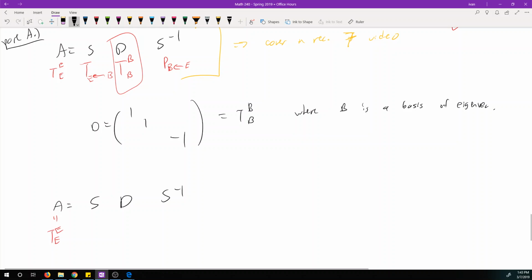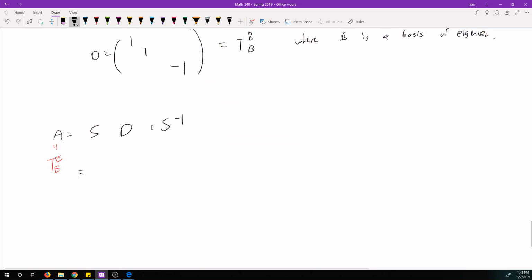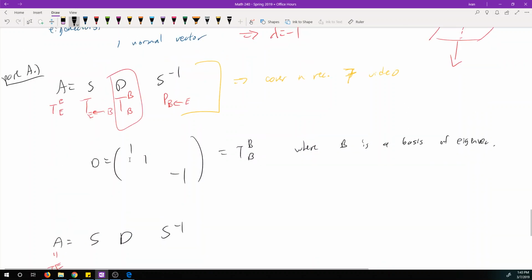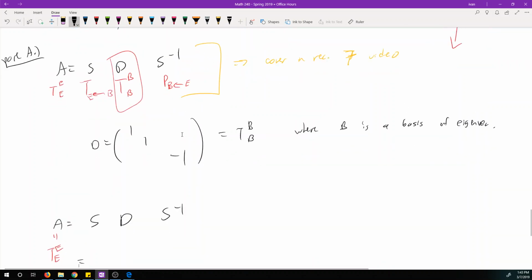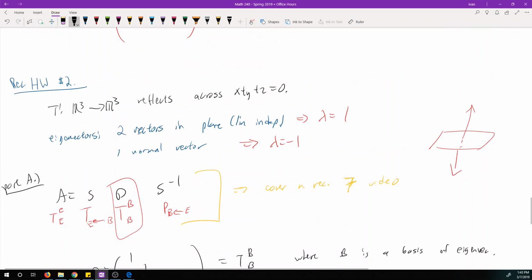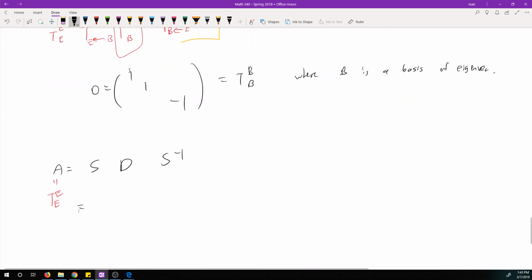So you find a basis of eigenvectors, times this D matrix, and then the inverse of that. Since lambda equals 1 is in my first two columns, this is S, this is D, and this is S inverse.